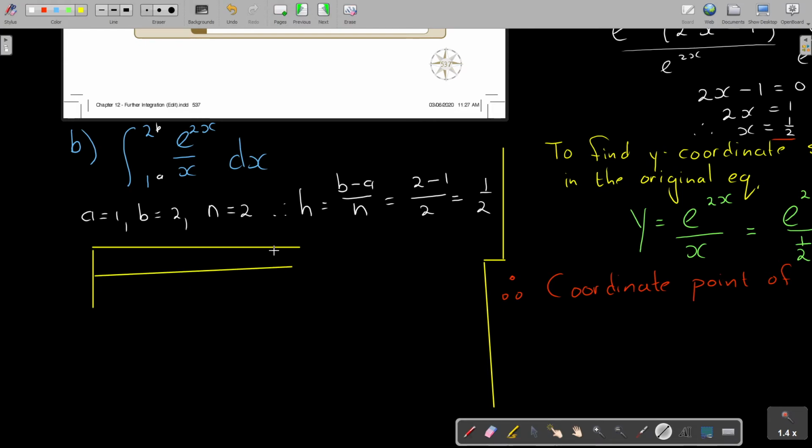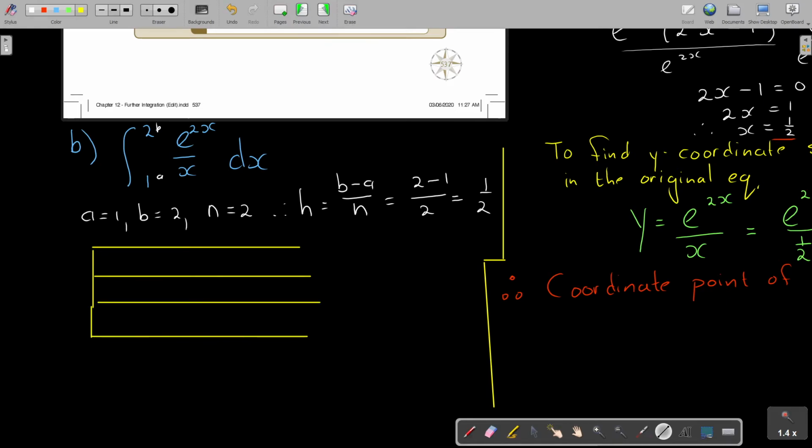Then everything is almost like in a picture. Okay, so this is going to be X, this is going to be Y, and this is my first one, y0. Okay, so leave it first.